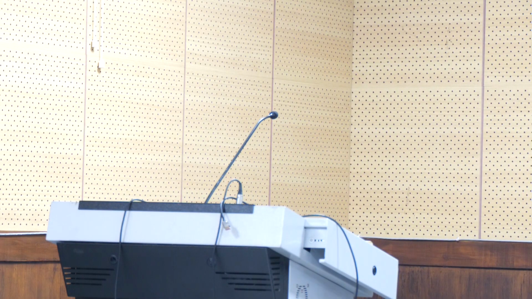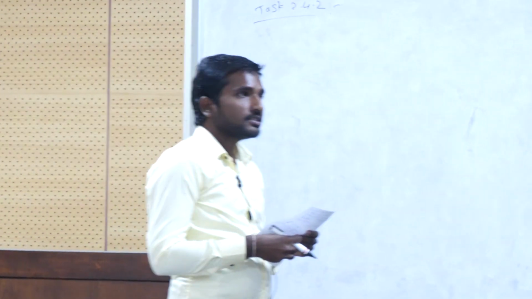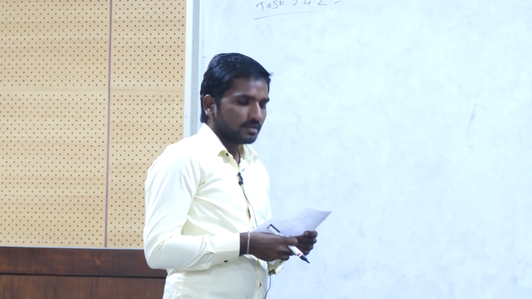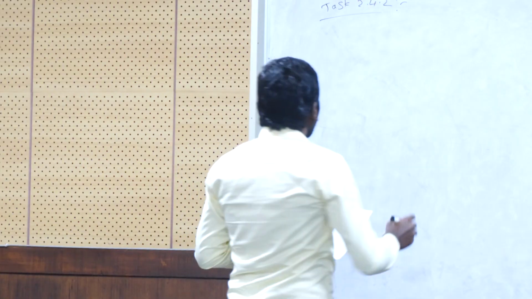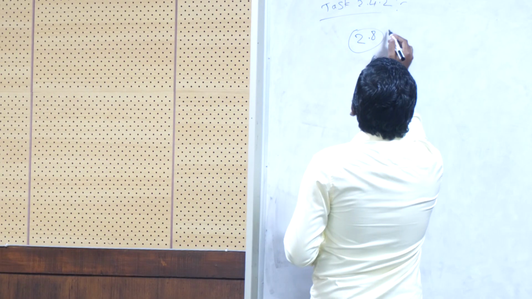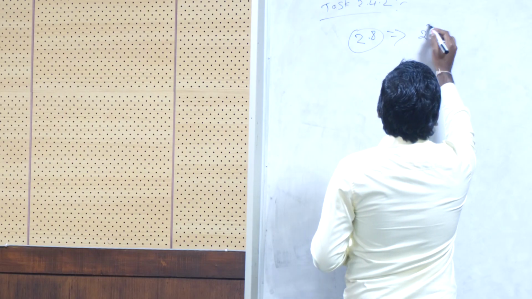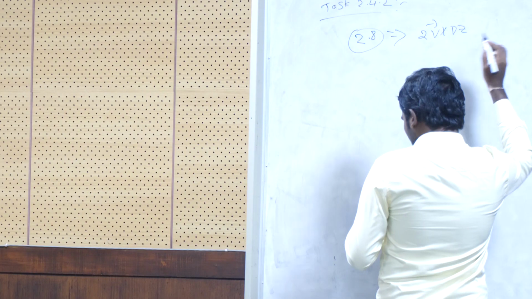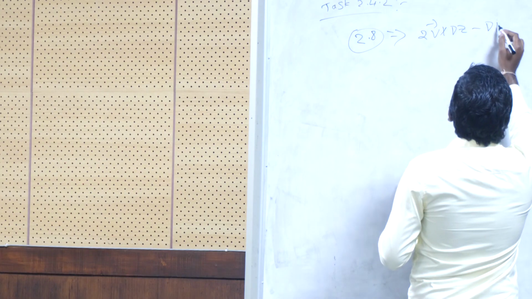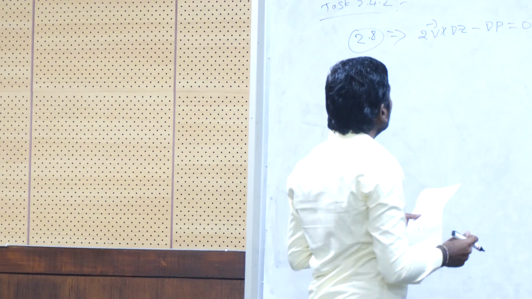Now the task, number 2.4.2, is to carry out the detailed transformations to obtain the system of three scalar equations 2.9 from the first vector equation of the geostrophic system 2.8, where 2.8 is given by 2v cross del z minus del p is equal to 0.